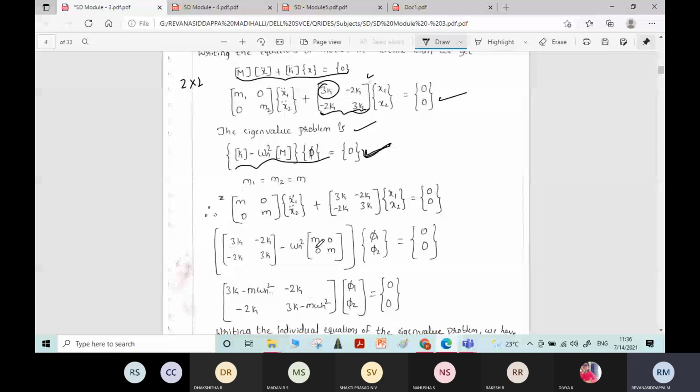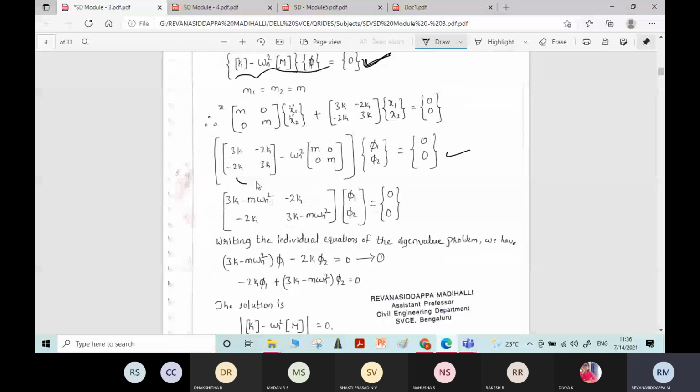After that, you simplify, meaning you add these two matrices. That is 3K minus omega n square M, minus 2K minus omega n square into 0, which only gives minus 2K, and then 3K minus omega n square into M, into phi 1, phi 2, equal to 0.